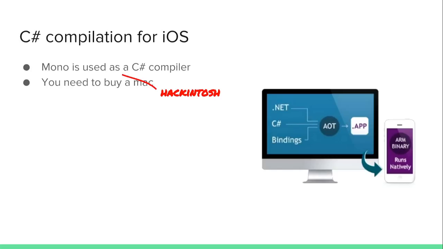And what's the cool thing about this for me, personally? First of all, Mono is also used to compile to the CLR, and then the great news or bad news, I don't know, it depends. Are you working or not? You need to buy a Macintosh.